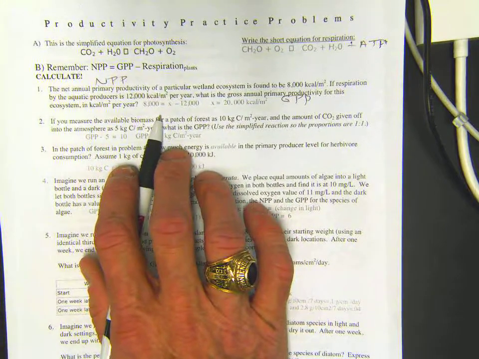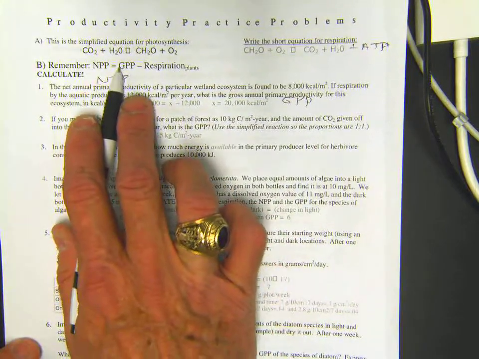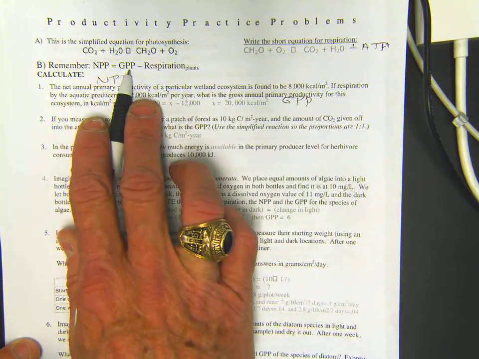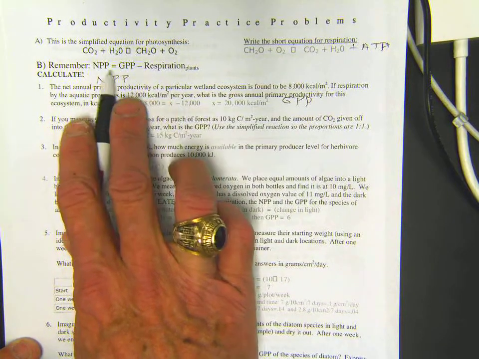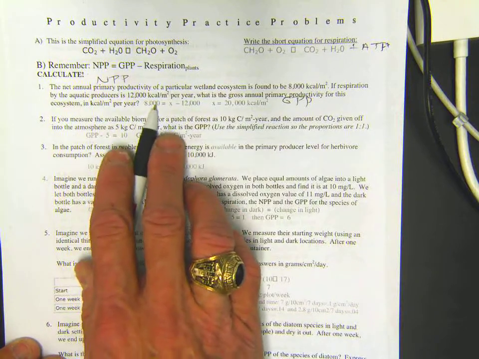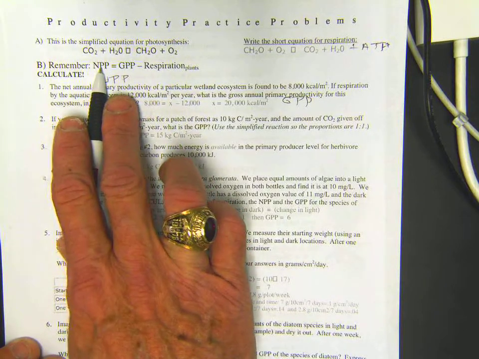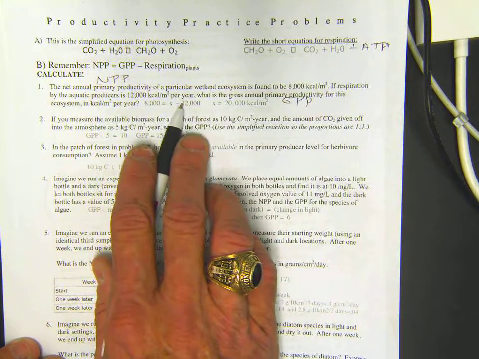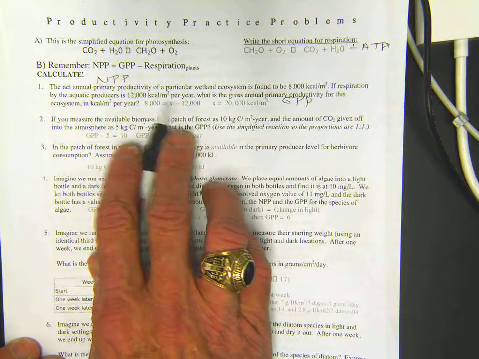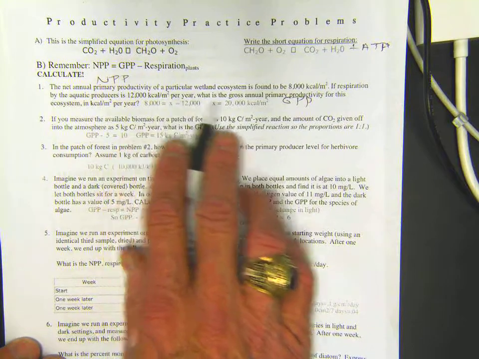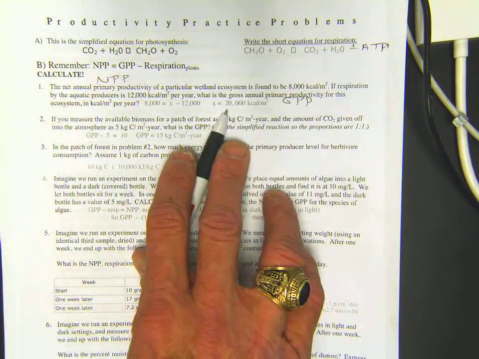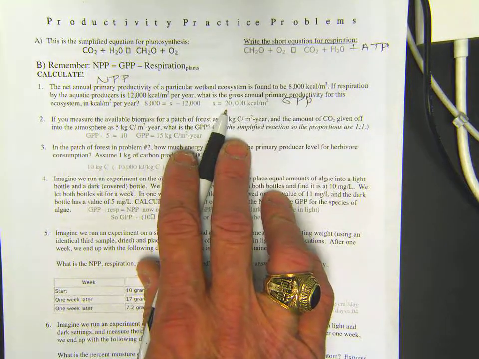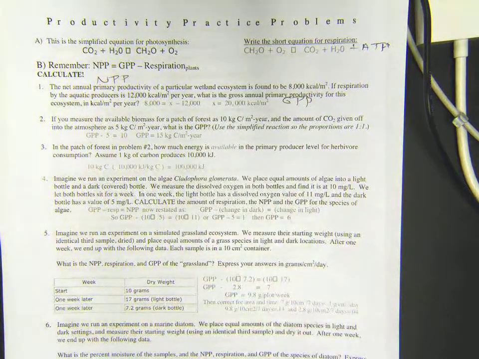This is really a pretty easy math problem. There's your equation: GPP minus respiration gives you NPP. You plug in 8,000 for the NPP and 12,000 for the respiration. By adding 12,000 to each side, your X, which is your gross primary productivity, turns out to be 20,000 kilocalories per square meter per year. All right, thank you very much.